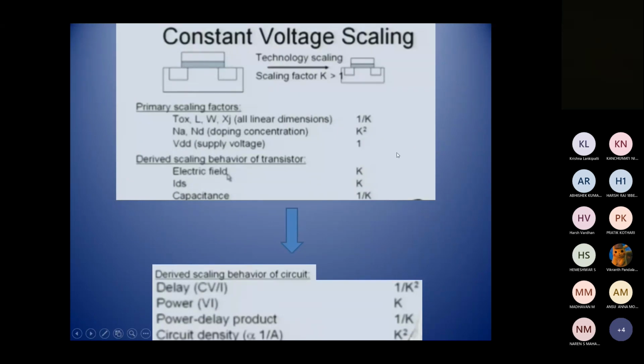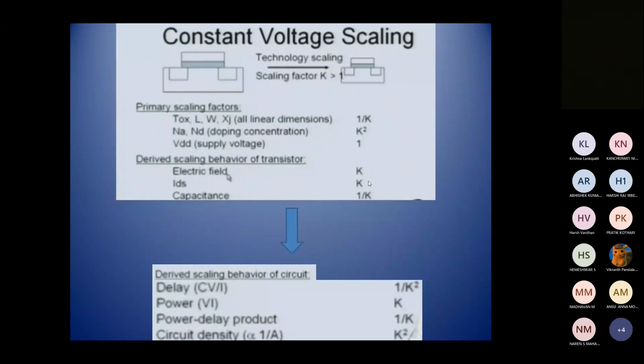That is the difference between constant voltage scaling and constant electric field scaling. Drain current is multiplied by k, and the capacitance is divided by k also. So your electric field is multiplied by k factor and drain current is multiplied by k factor when we do any constant voltage scaling.